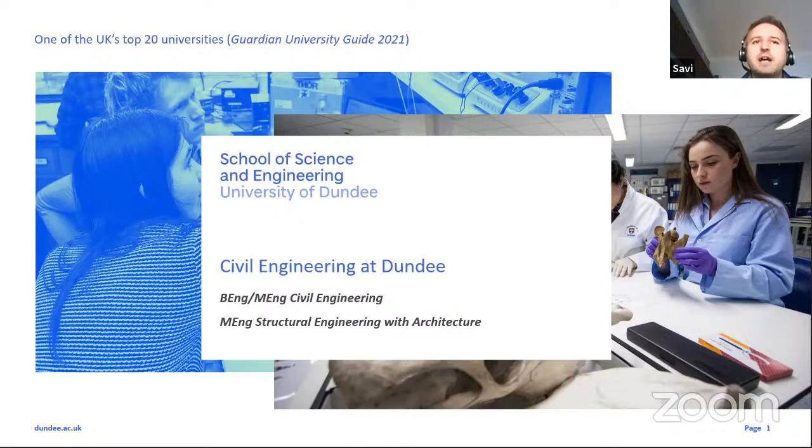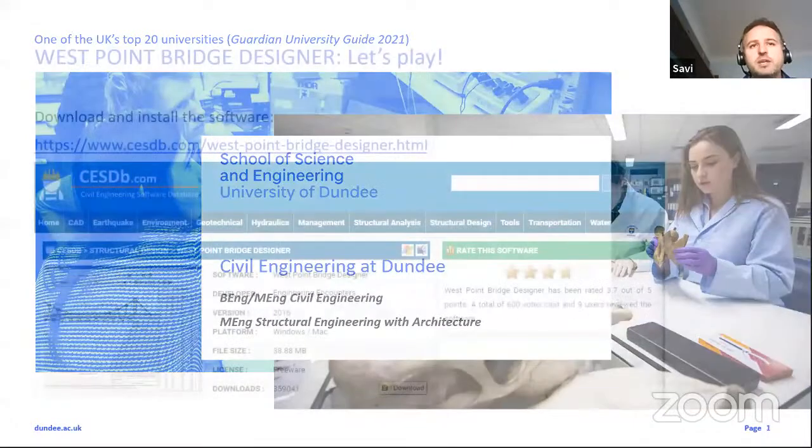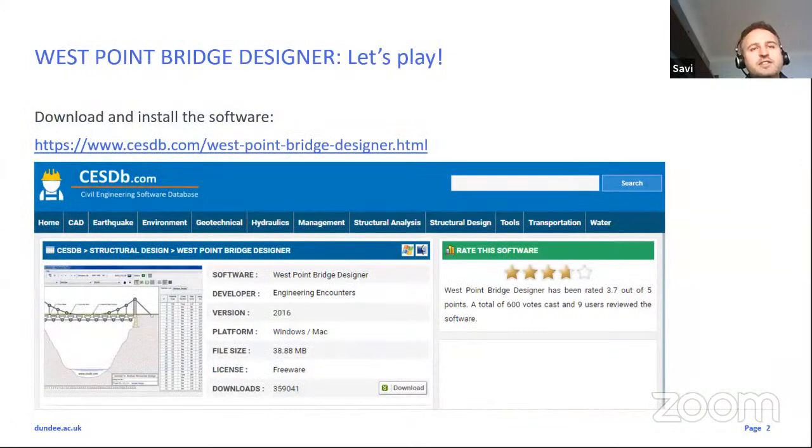And the other one is a new program that we have recently launched, which is called Structural Engineering with Architecture. We only offer an M-Eng for this, and I'm going to explain what this means in terms of B-Eng and M-Eng.